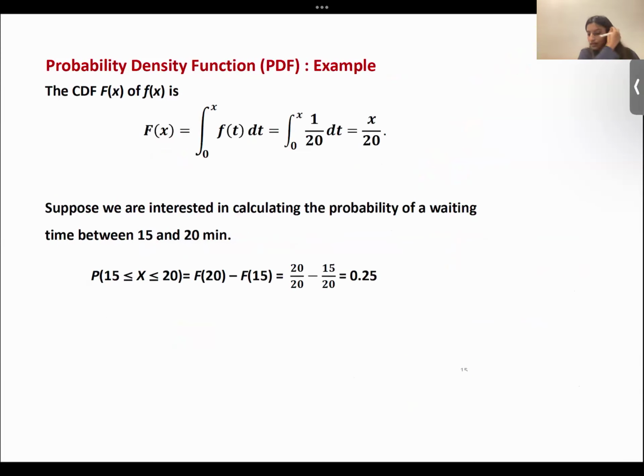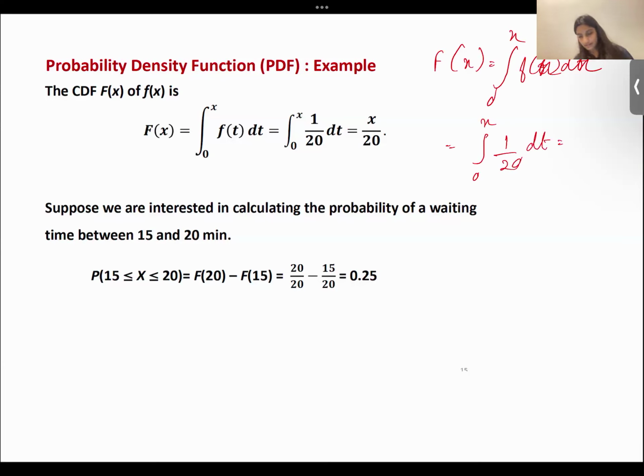Now you write the CDF. So the CDF is F of x, the integral from 0 to x of f of t dt, which is f of x dx. You can also write it that way. So in 0 to x, now we just calculated that this is 1 by 20. So 1 by 20 dt.